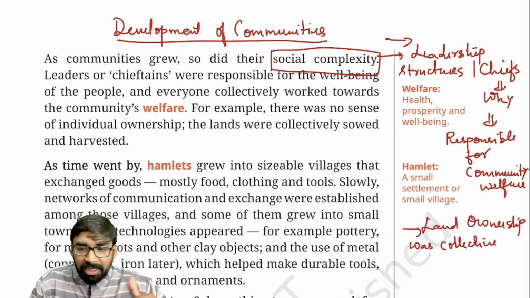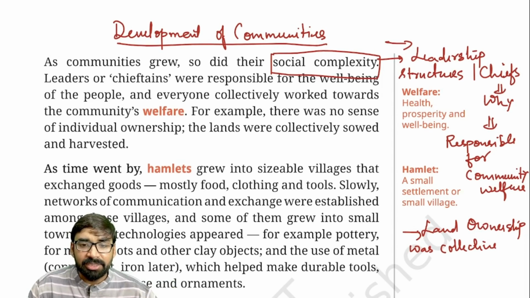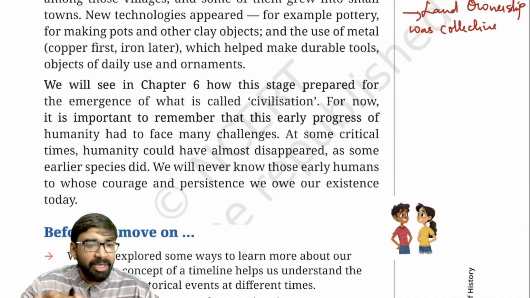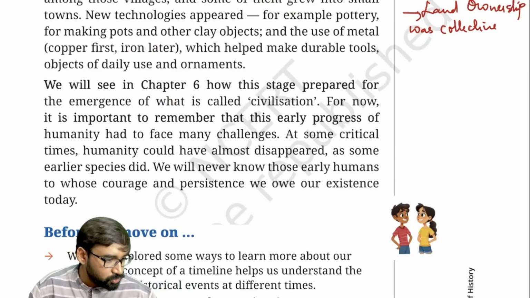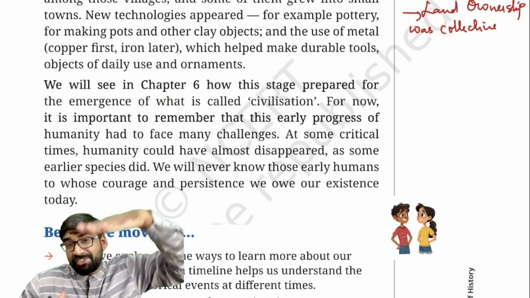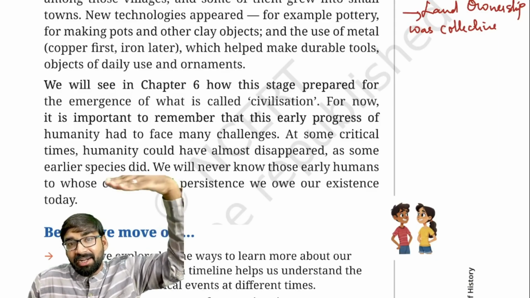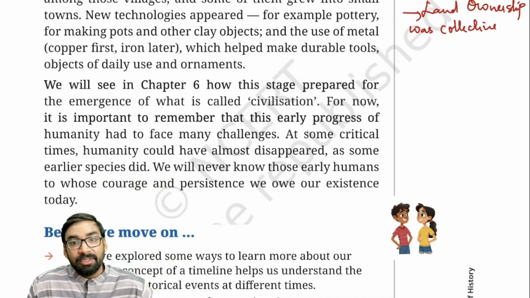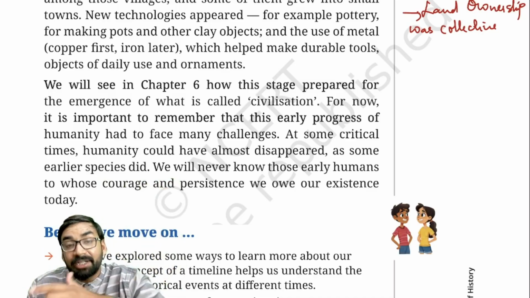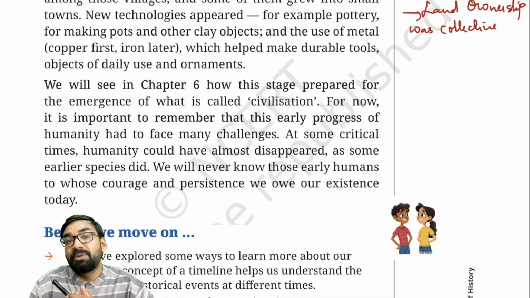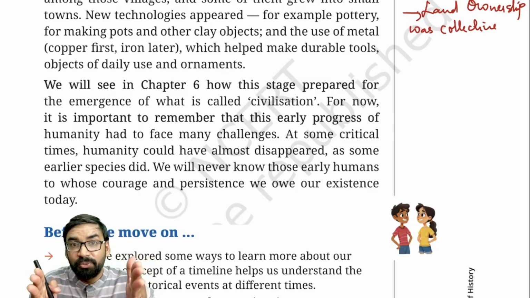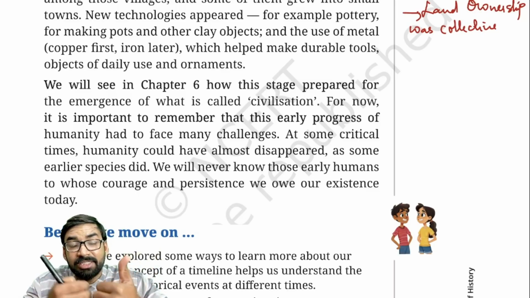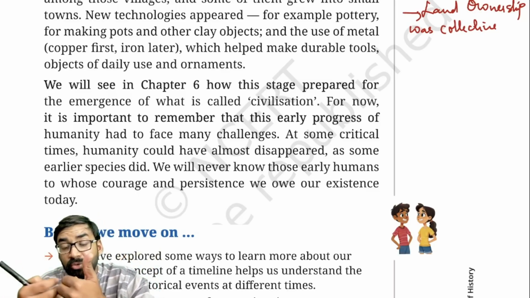Now let us understand how the growth of these settlements took place. How will these settlements form? I will give you a chart, understand this, how you are going to understand these things, right? I hope, we have started from early humans, hunters and gatherers who are continuously moving from one place to another. Now the collective ownership came, leaders emerged, right? I hope this much is clear to all of you, how these things evolved.